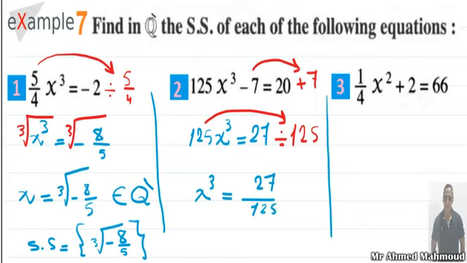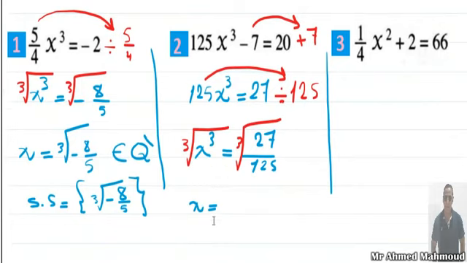I will take the cubic root of both sides to cancel the power 3. Then x equals 3 over 5.